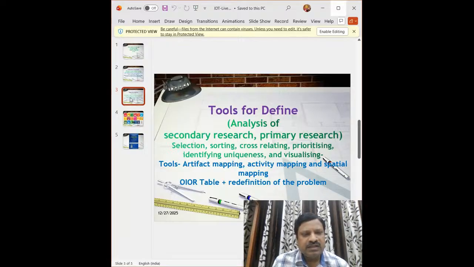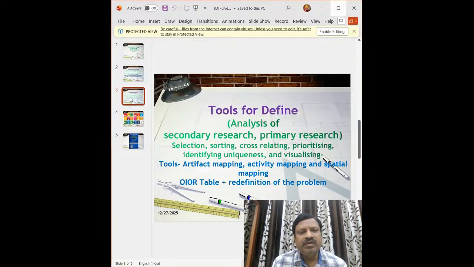In the define stage, we analyze the information collected in the secondary as well as the primary research. There we use techniques like selecting what information is required and is a priority for you, sorting and categorizing it into different categories. Then cross relating, where we use affinity links, and prioritizing.